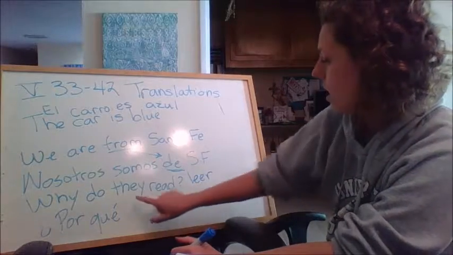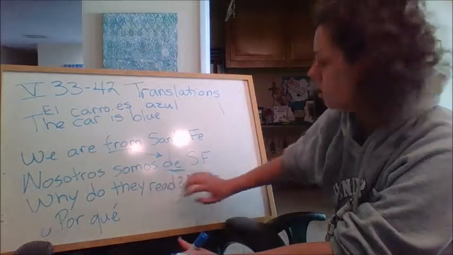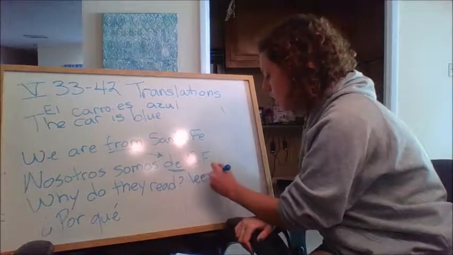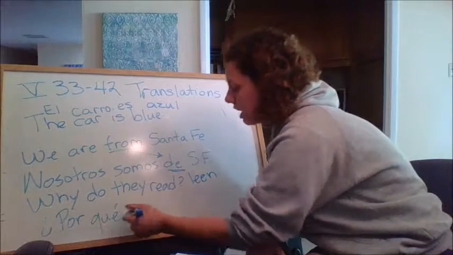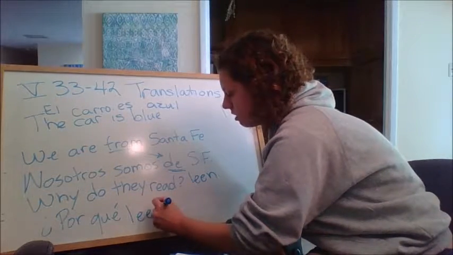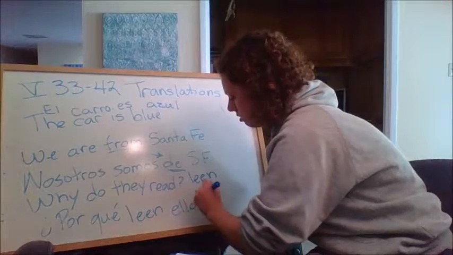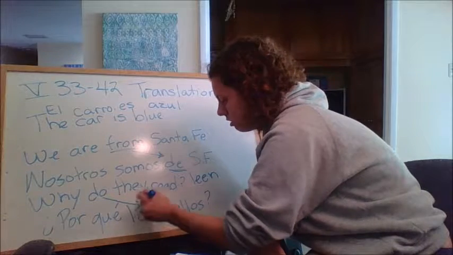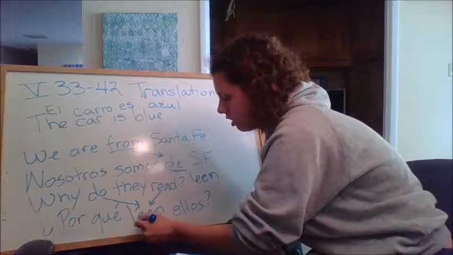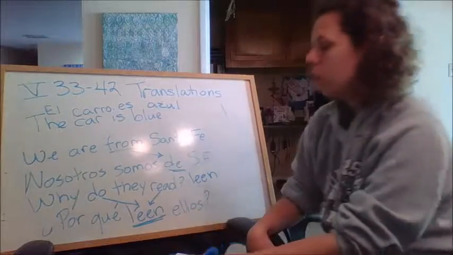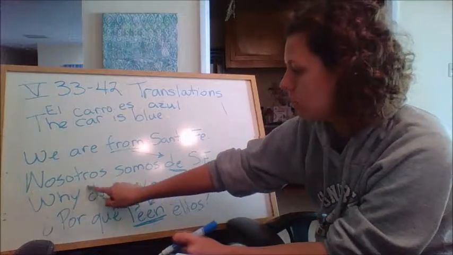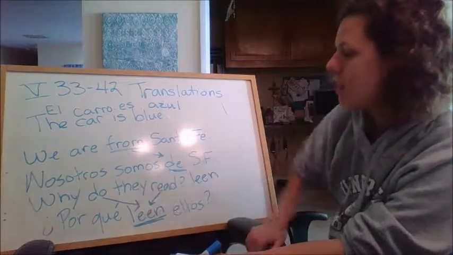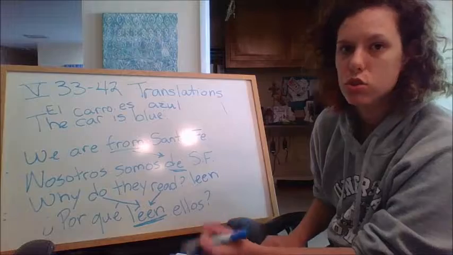Leer. And we want to conjugate this for they. So my ER ending for they is going to be EN, leen. So we'd say por qué leen ellos. Why do they read? Now, this word right here and this word right here are included in this verb. One thing I see students do a lot is try to use the verb hacer, which means to make or do, like making a cake or doing my homework.